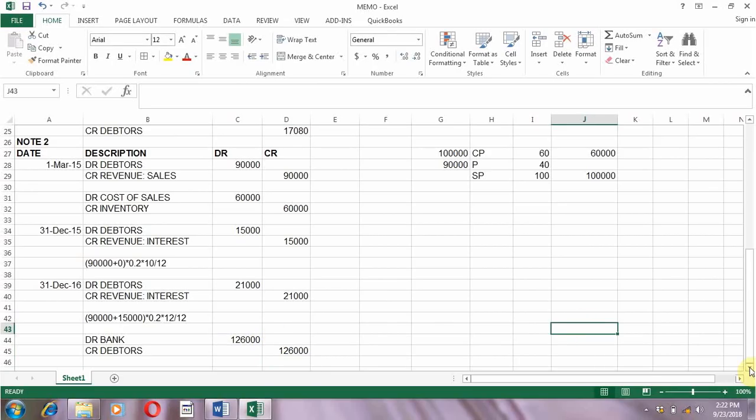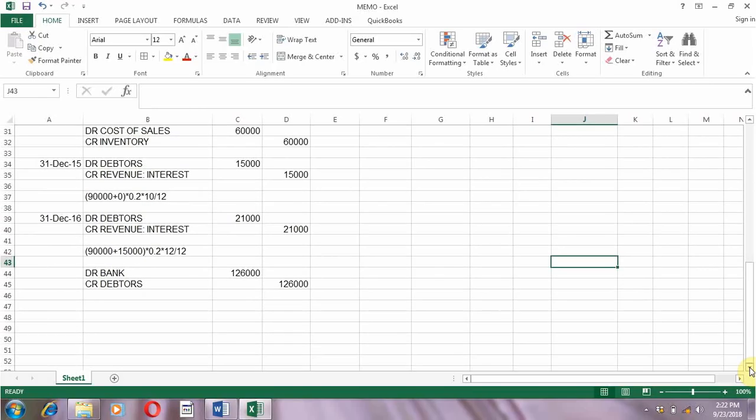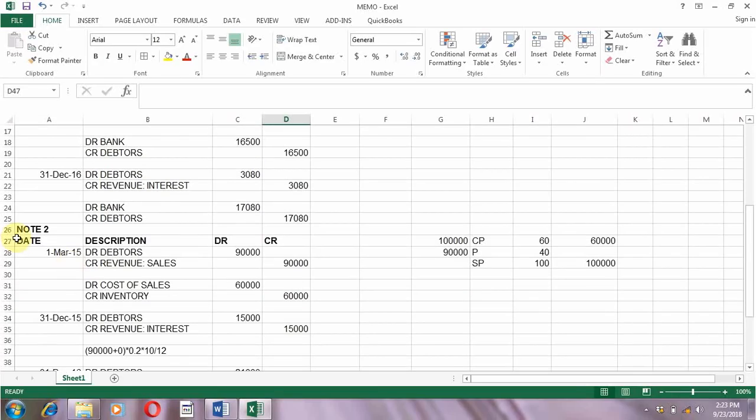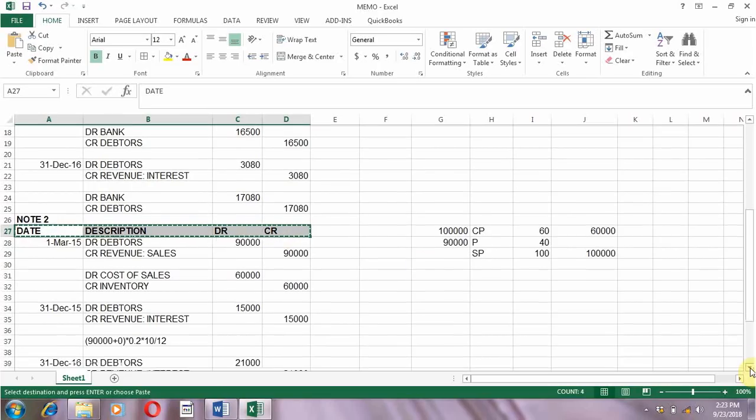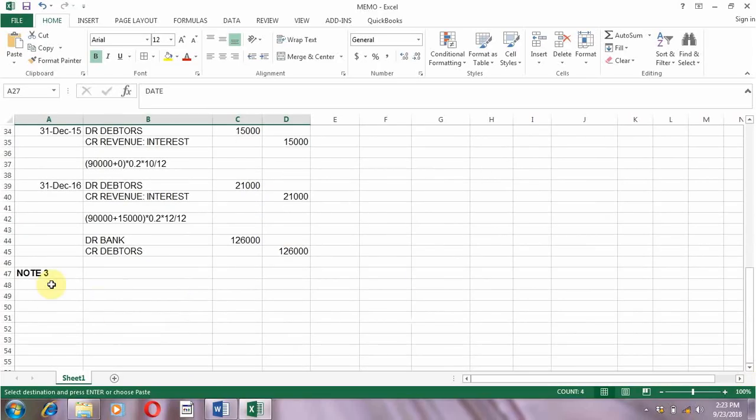That is then the calculation that you should do for note number 2, and then we can progress to note number 3. So in note number 3, we are dealing with a warranty. So I just want to quickly copy and paste the layout again to make sure that you follow.